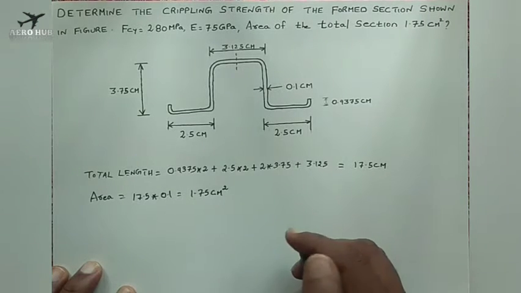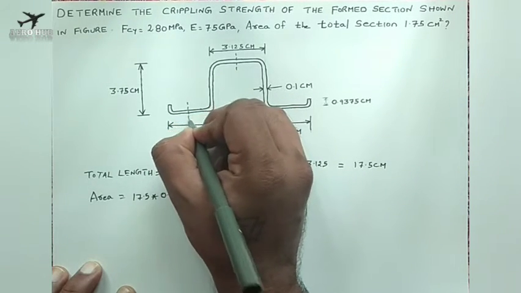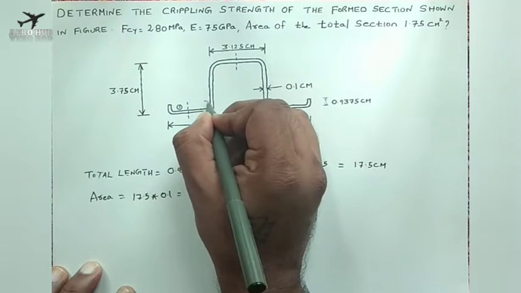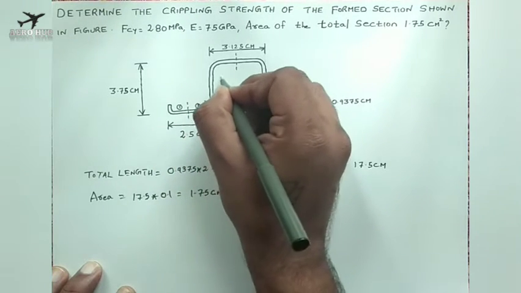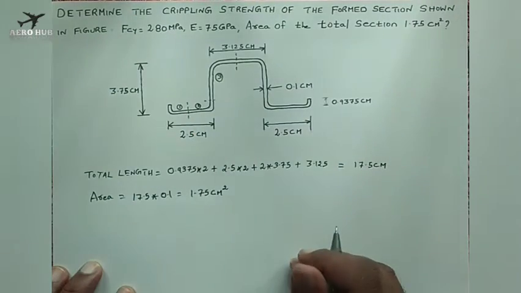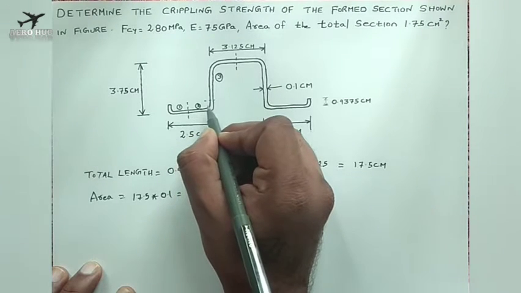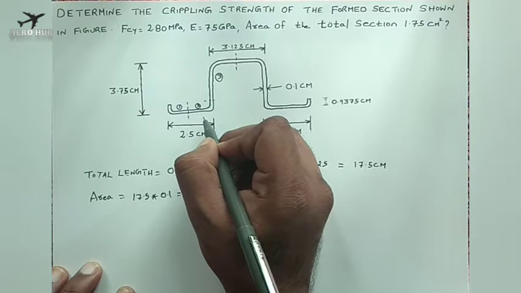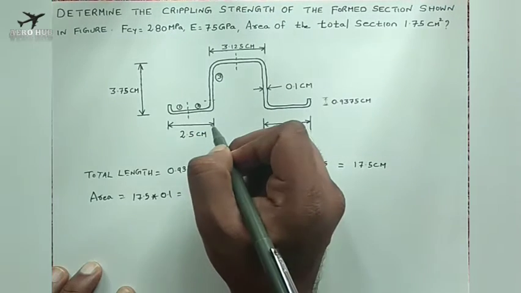Now in this case, I will divide the section into, this is section 1, this is angle 1, and this of same height will be angle 2. And this one will be angle 3. Angle 1 and angle 2 have the same dimensions. The value of the end fixity coefficient varies for 1 and 2, otherwise the dimensions are the same.